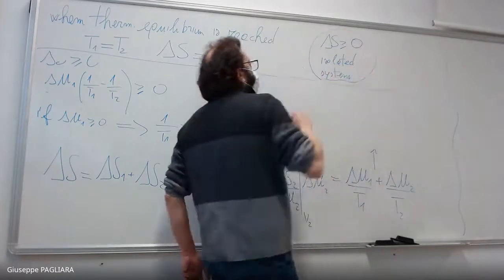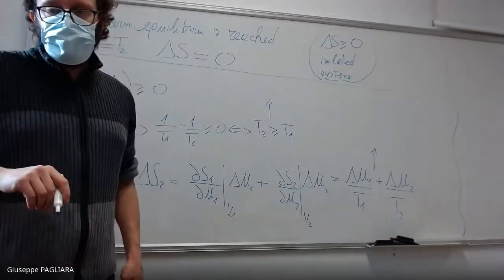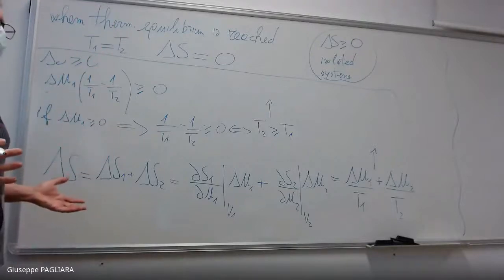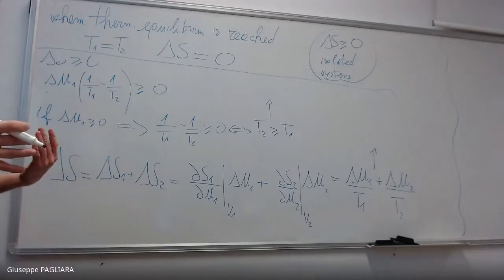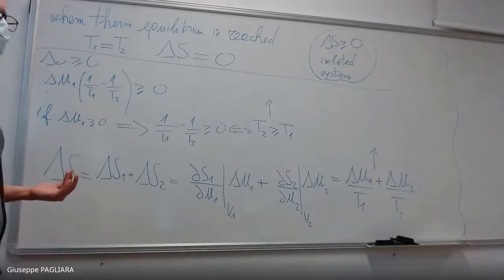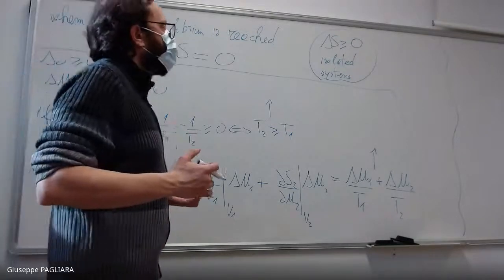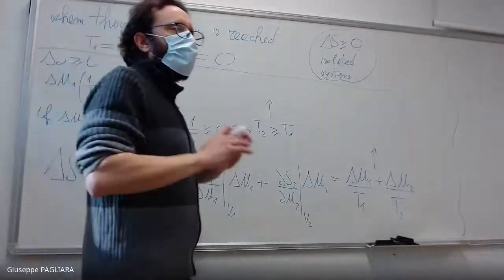Because what we have considered before is a total system made of two parts, but the total system is itself isolated from the environment. There is no exchange of anything with the environment. So we can apply the second principle of thermodynamics in terms of this relation.